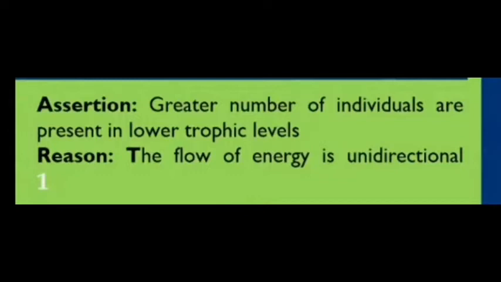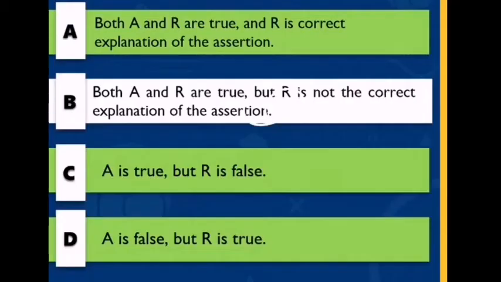That statement is also correct. The energy will flow only in one direction, upward direction only. But the reason for this, greater number of individuals present in lower trophic levels, is not the correct explanation. So here also you can choose B option as the answer.